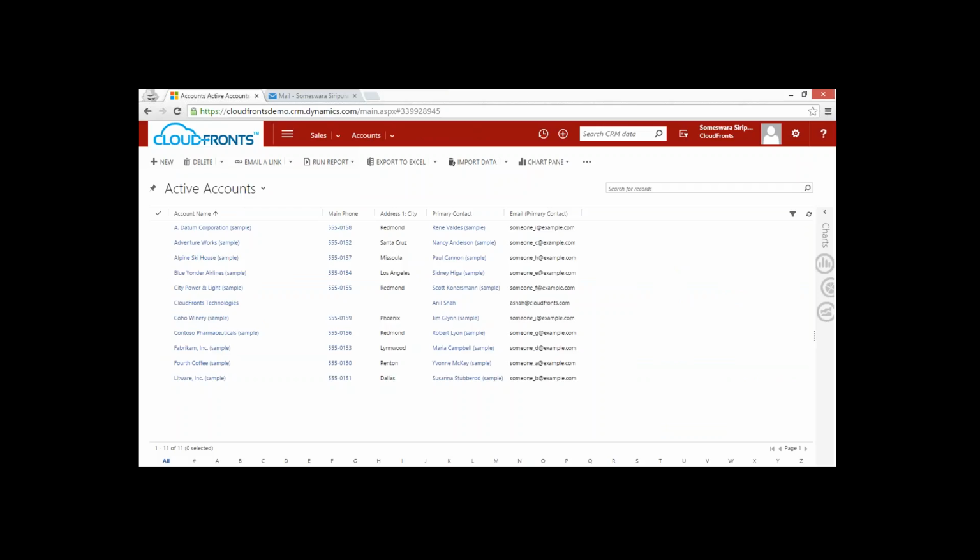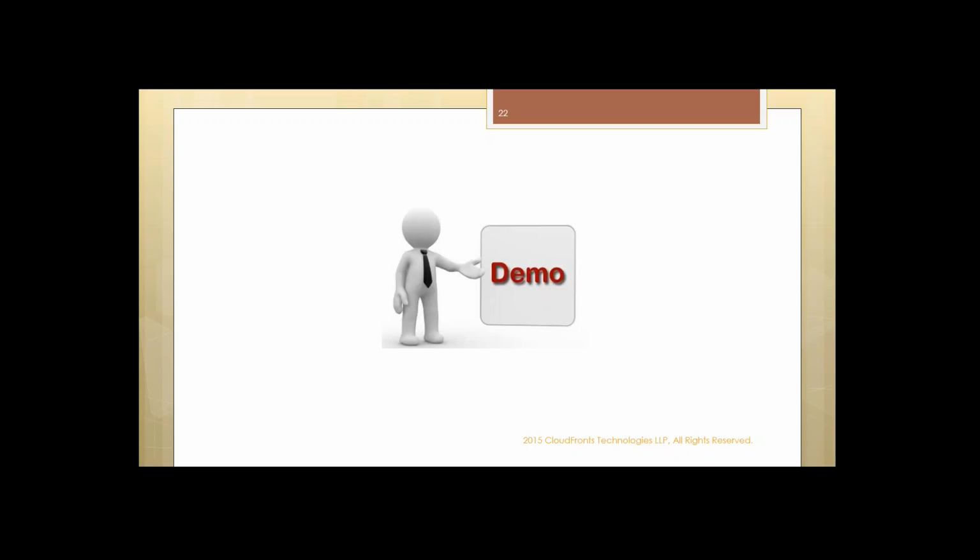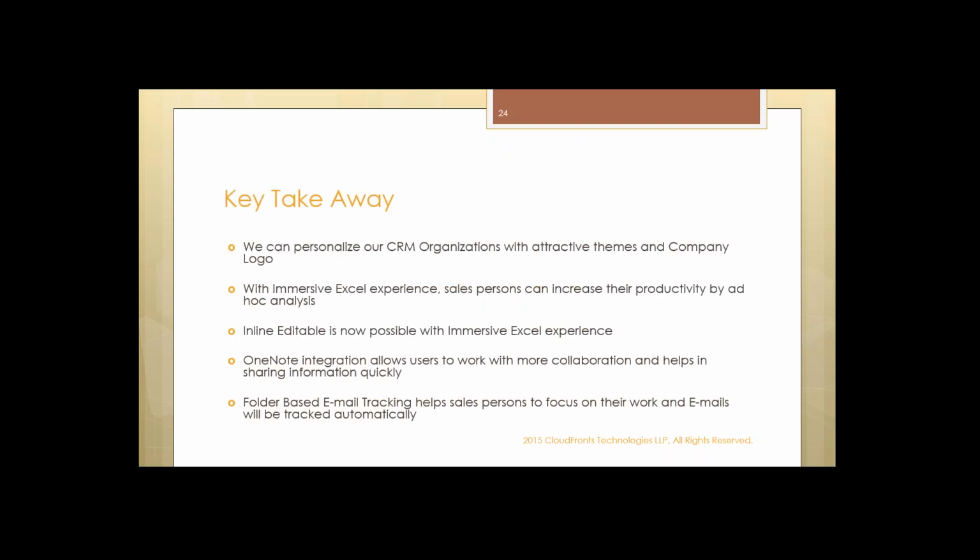All right, let's move to the next slide. In the summary, let's take a look at what we have learned so far in this session. Now we can personalize our system with attractive themes and company logo. With the immersive Excel experience, salespersons can increase their productivity by ad hoc analysis and on-the-fly calculations.